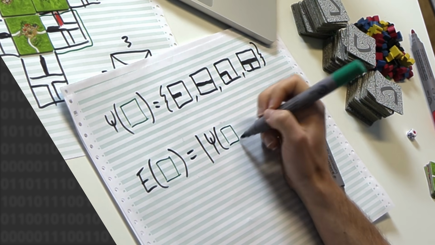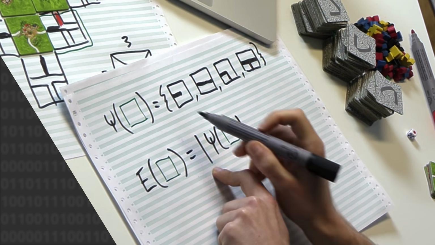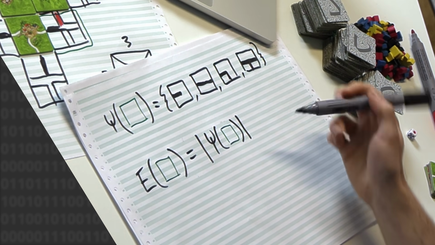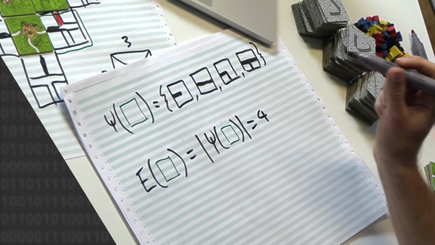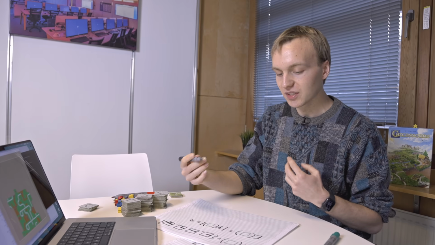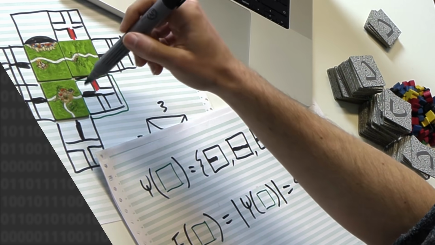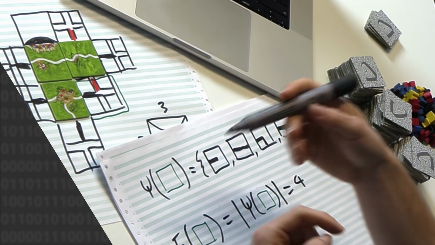So these bars just mean the length of this set, right? So in this case, it's going to be 4. And so we can rephrase what we said earlier as we're just choosing to collapse the cell with the lowest entropy, except, of course, the cells which are already collapsed, because these have entropy of 1.